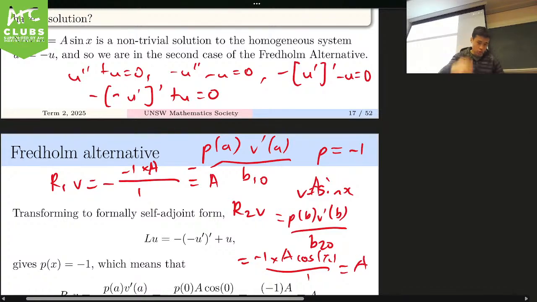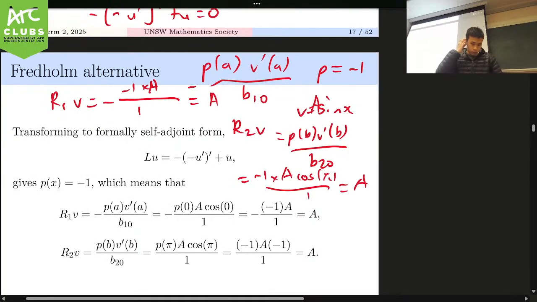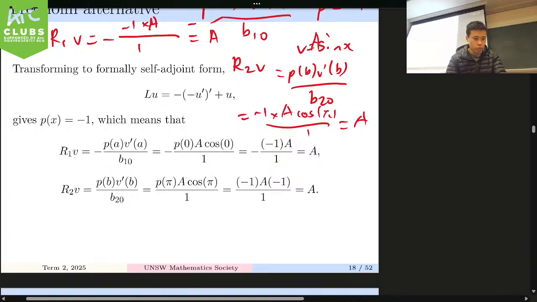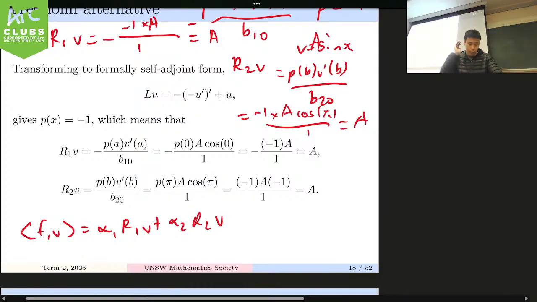So we have these two terms for R1 and R2. Okay, now how can we put it all together? Remember that the inner product of f and v is equal to alpha 1 R1v plus alpha 2 R2v. So how can we calculate the inner product? Well, by using the definition.